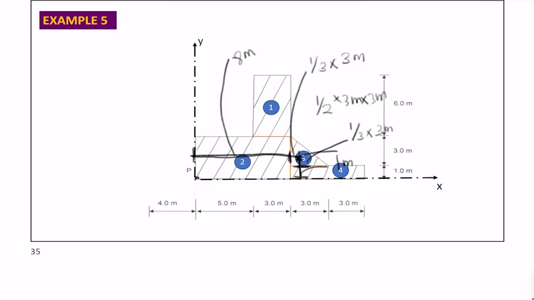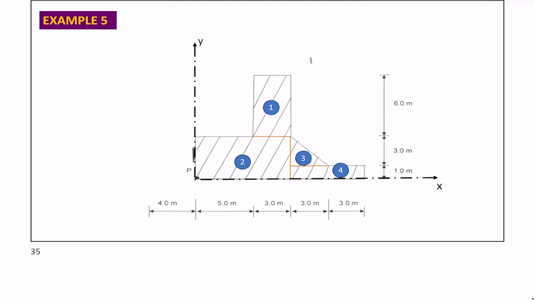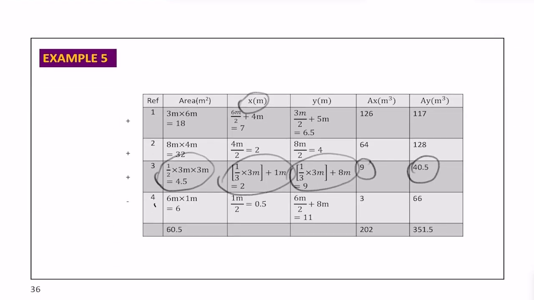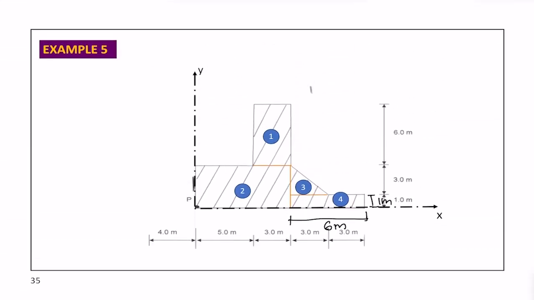Next, we have area number 4. For area number 4, this is a rectangle. The area will be 6 meter and the height is 1 meter. Therefore, 6 meter times 1 meter. And the x bar will be half of the 1 meter here, because it is the distance from the centroid to the x-axis.